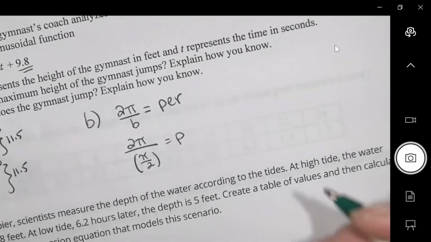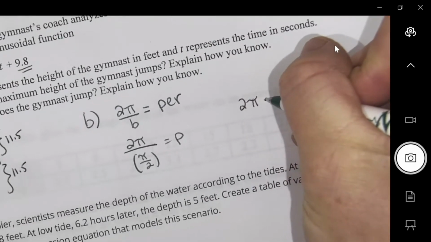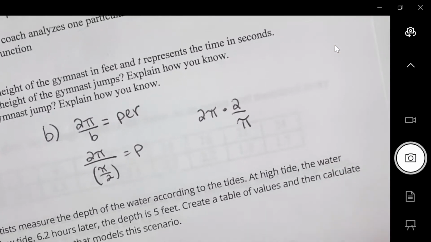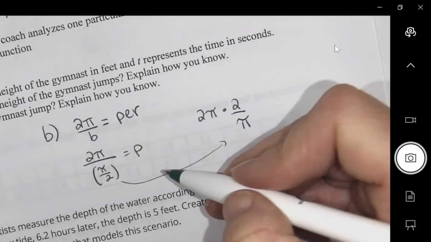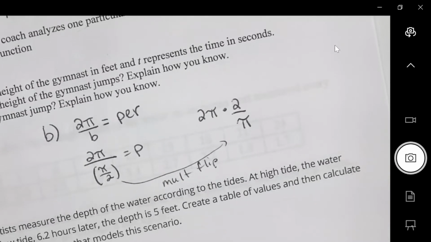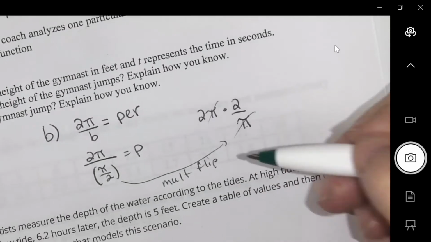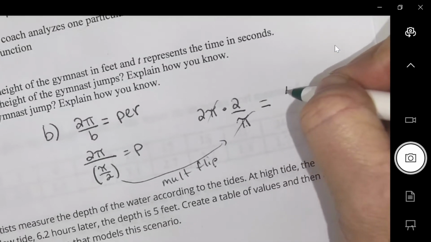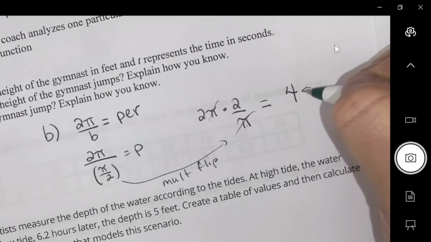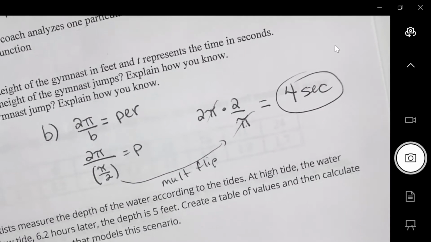Because that's what I would do with a fraction. So that's what I'm going to turn this into. Multiply and flip a fraction. And what happens to those pi's? So 4 seconds to get through a cycle. So for this gymnast, every 4 seconds, she's doing another jump. Every 4 seconds, the pattern continues.